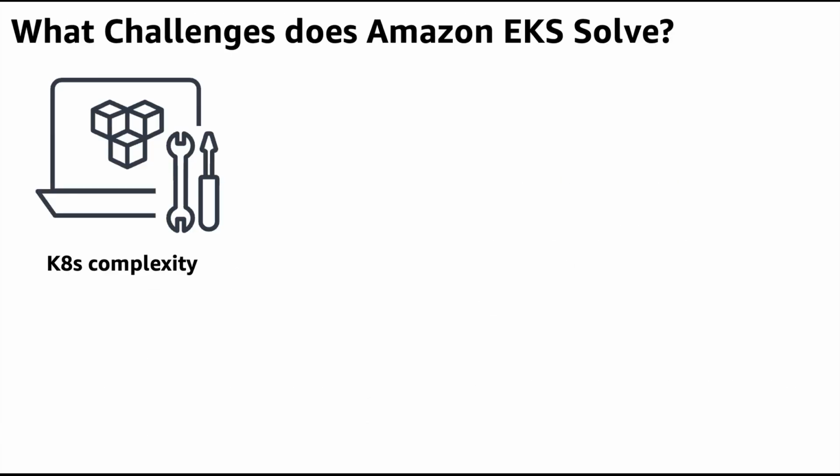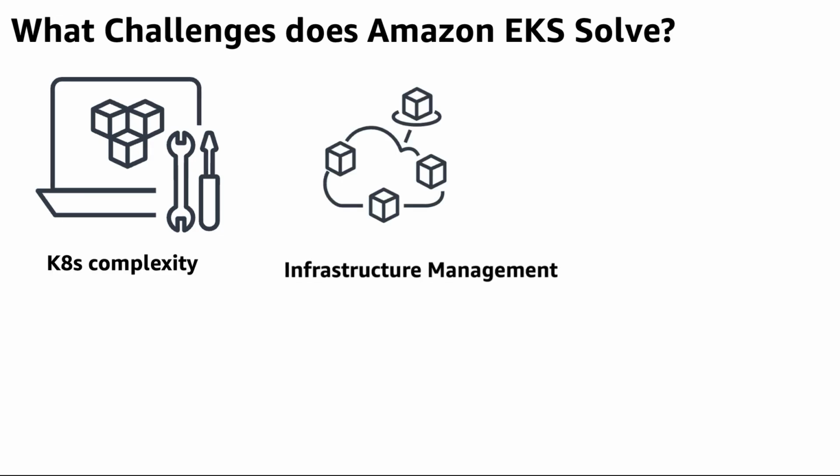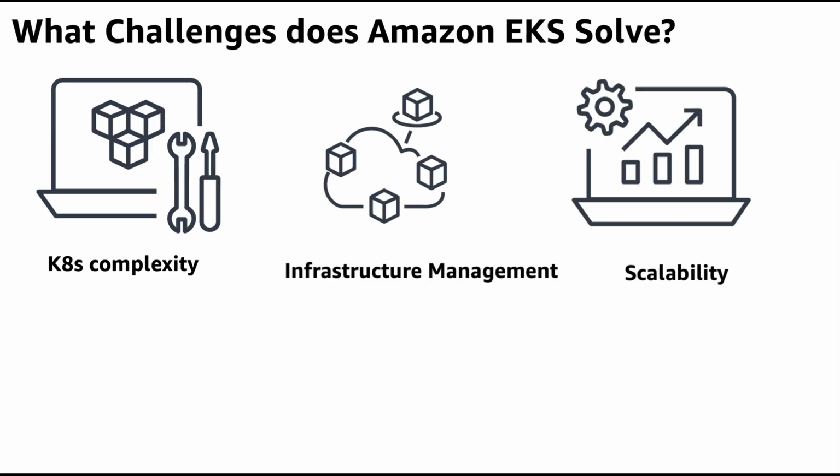Amazon EKS addresses many challenges. Amazon EKS handles Kubernetes complexity, because setting up and managing Kubernetes clusters can be intricate and require specialized expertise. Provisioning and maintaining infrastructure for Kubernetes clusters can be resource intensive. Scaling Kubernetes clusters manually to meet varying workload demands can be difficult.